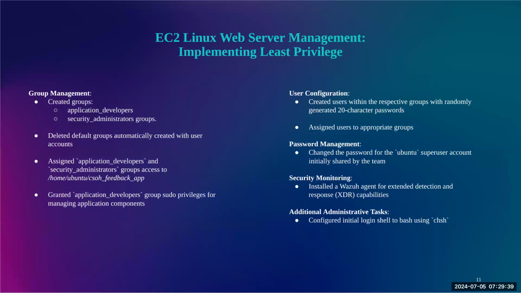Not every user post deployment needed to access the EC2 instance itself. So we limited it to the application developers and the security administrators, and we granted access specifically only to the directory that housed the application. The application developers group did receive sudo privileges because they needed to navigate to the different system components to start the systemctl environment and whatnot.